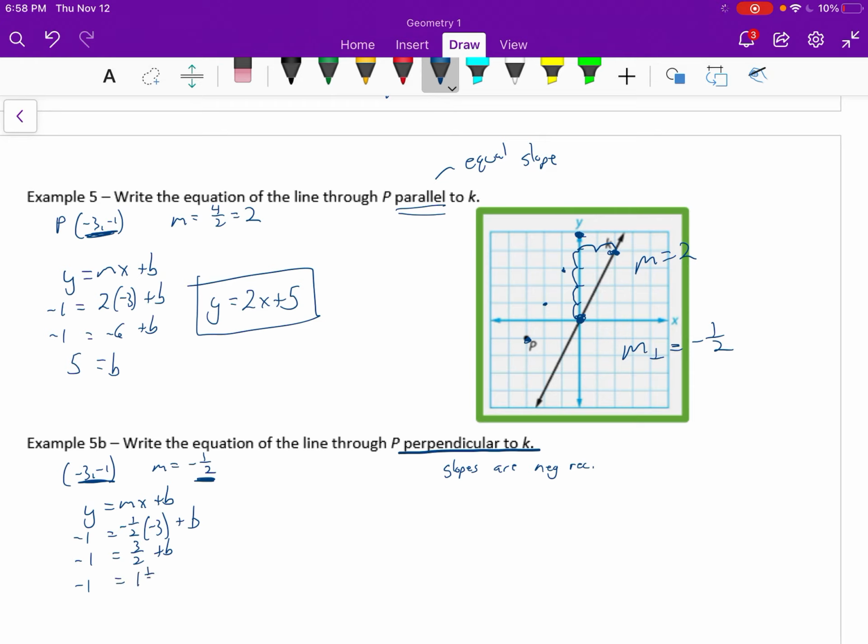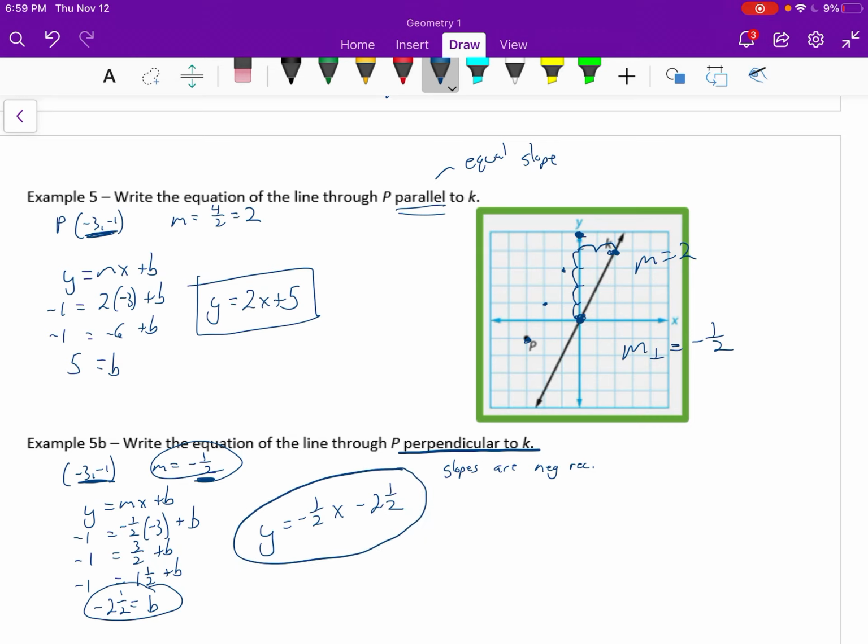It might help to think of this as 1.5. Subtracting 1.5 from both sides gives us b is -2/2. So our equation is y equals -1/2 x minus 2/2. There is the equation of a perpendicular line. I know that was a lot of information. Use those individual examples to help you work out questions with graphing lines and writing equations of lines.